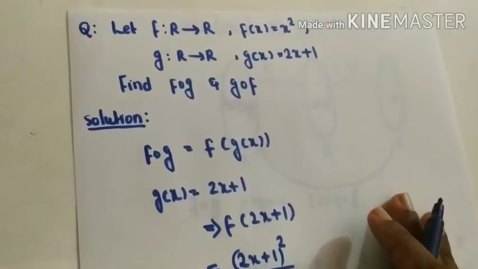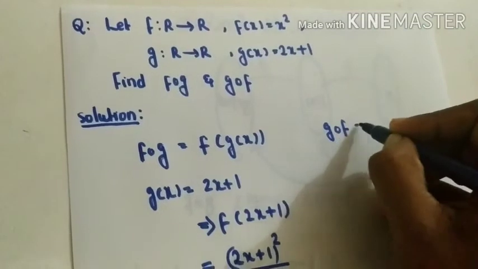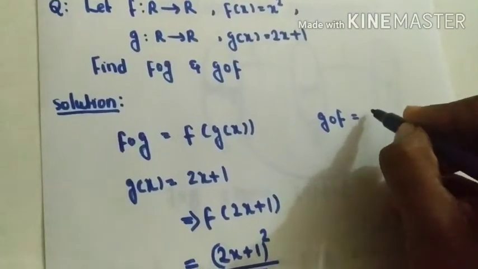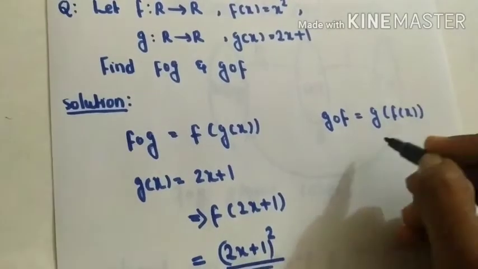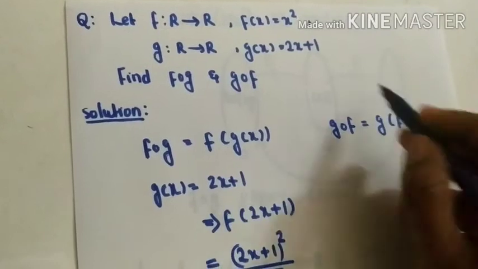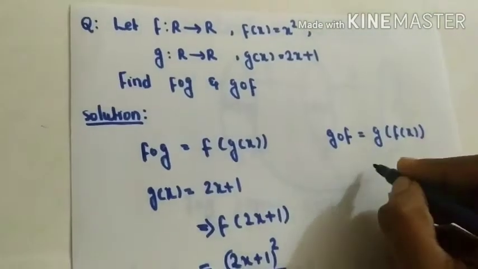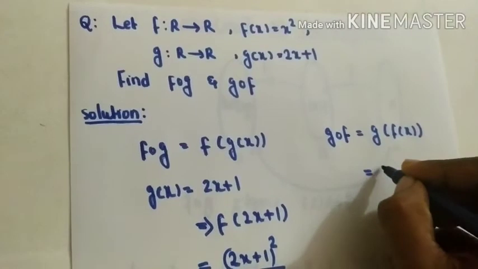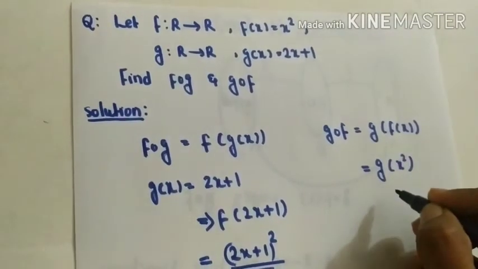Similarly, talking of g of f, we know that g of f is g of f of x. In place of f of x, we have x square, so this becomes g of x square.